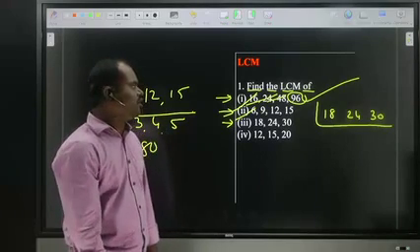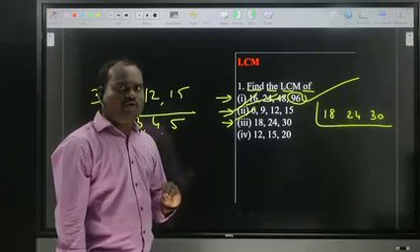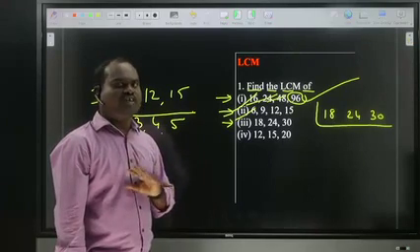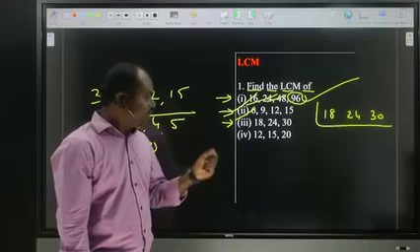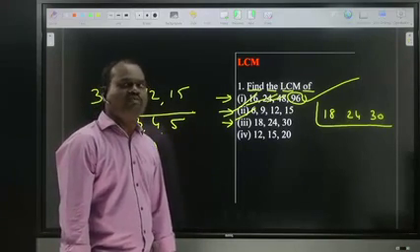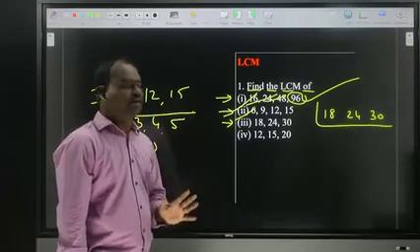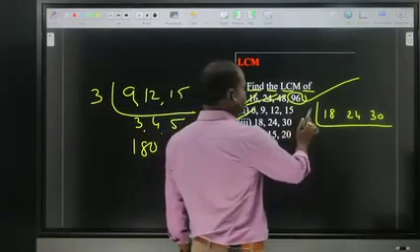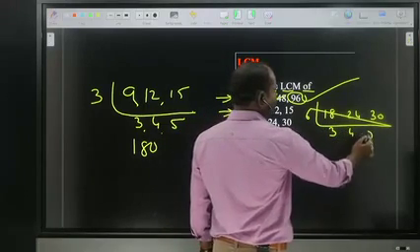If you observe carefully, 18, 24, 30, you will get all of them in the 6 table. Actually 6 is not a prime, but we can take 6 because you get all the numbers in the 6 table. If you are reading all numbers in any one particular table, we can take it, whether it is prime or not. So 6, 3s, 4s, 5.